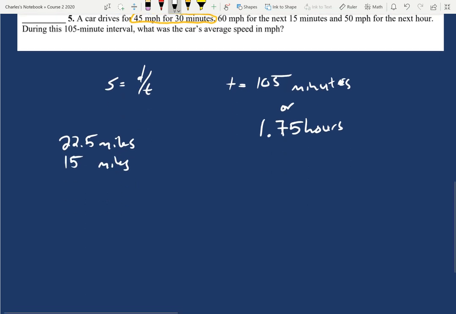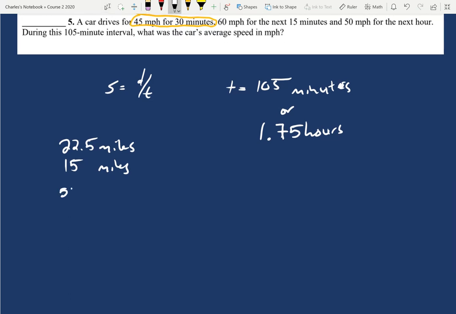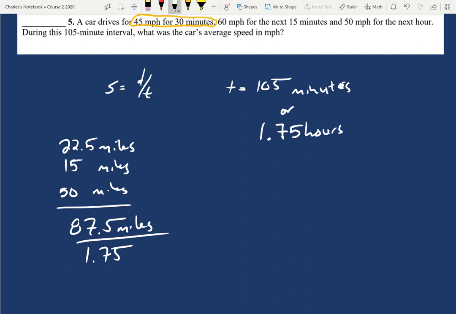And I go 50 miles per hour for the next hour, which means I go 50 miles. And so if I add those up together, I get 65 plus 22.5, which is 87.5 miles. And if you take that and divide it by 1.75 hours, you get 50 miles per hour.